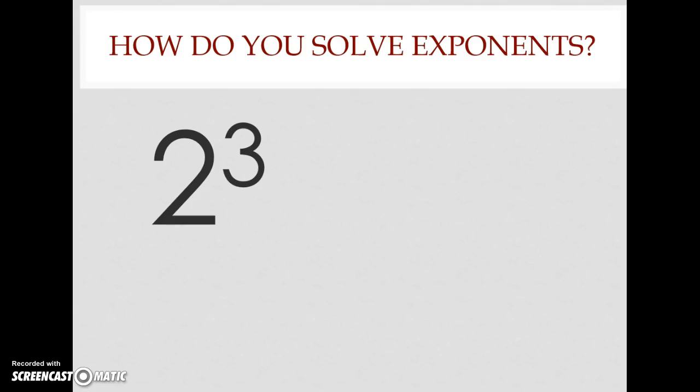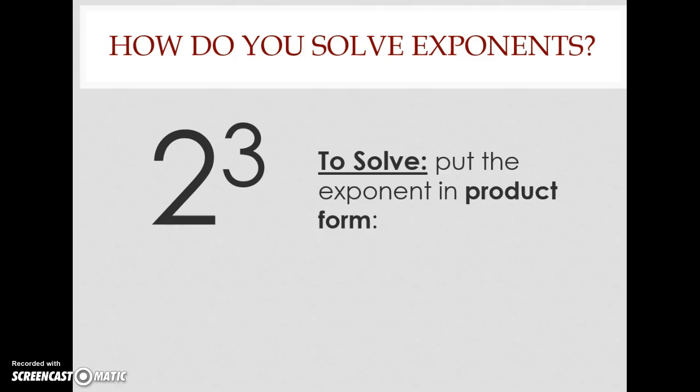Now, how do you solve exponents? Because that's ultimately what you're concerned about, since we're going to use exponents in order of operations. So you want to know how to solve them. It's actually very simple. You put the exponent in product form. Right now on the left it's in exponential form, remember, the short, compact one. In the product or expanded form, I'm going to open it up.